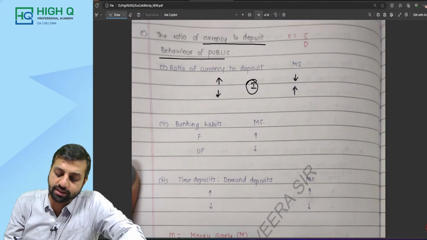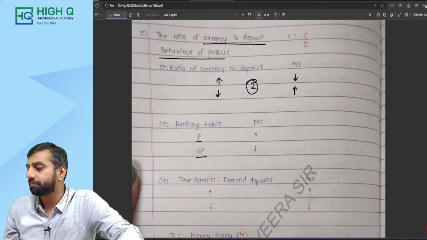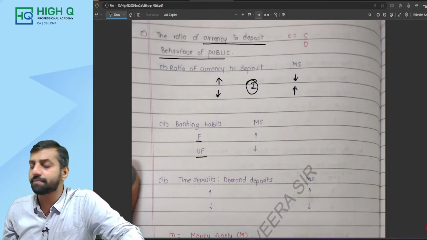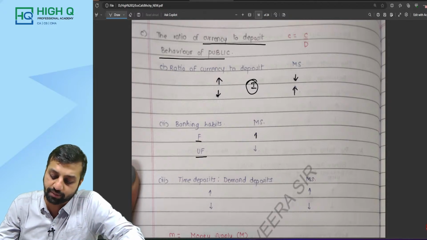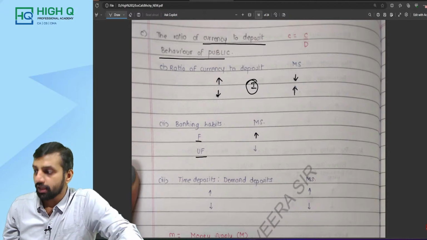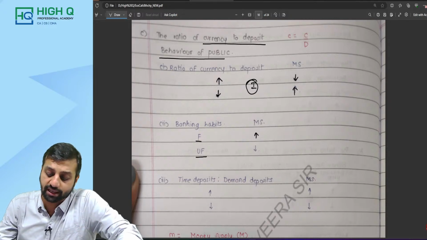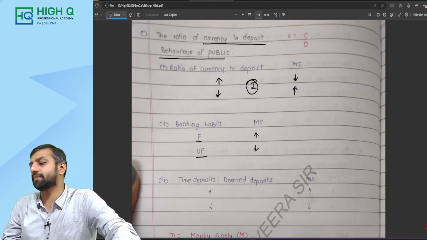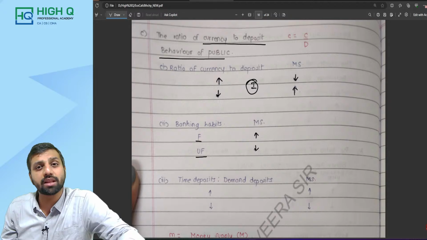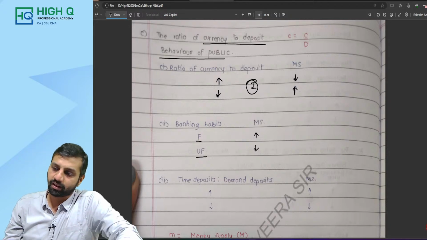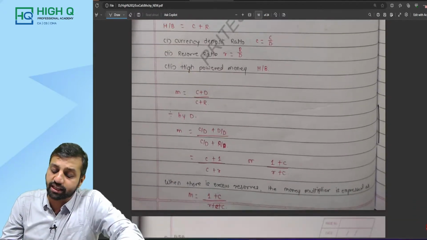Then banking habits can be either favorable or unfavorable. If you have a favorable banking habit, then the money supply will be more. If you have unfavorable banking habits, then the money supply will be less, because lesser money will go in the banking system. Then there is TD to DD ratio.